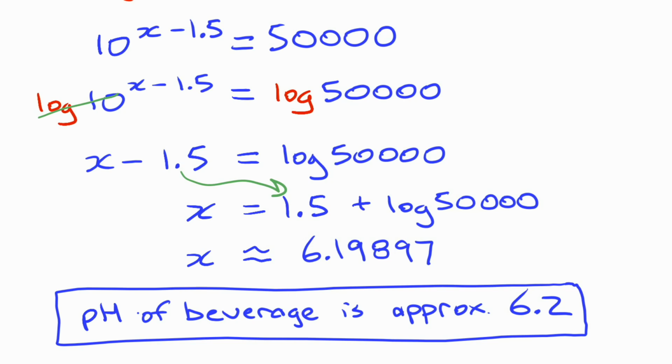Now, as I said in a previous example, if you were working with this all the time, you'd really simplify this in your mind so that you're thinking, if I have a pH of 1.5 and I want something that is 50,000 times less acidic, as in I want to move up the scale by 50,000 times as much, I would just figure out what log of 50,000 is and add it on. It's going to be that much higher.